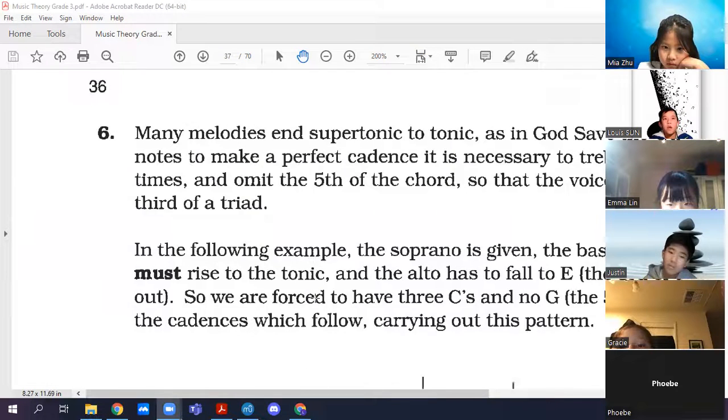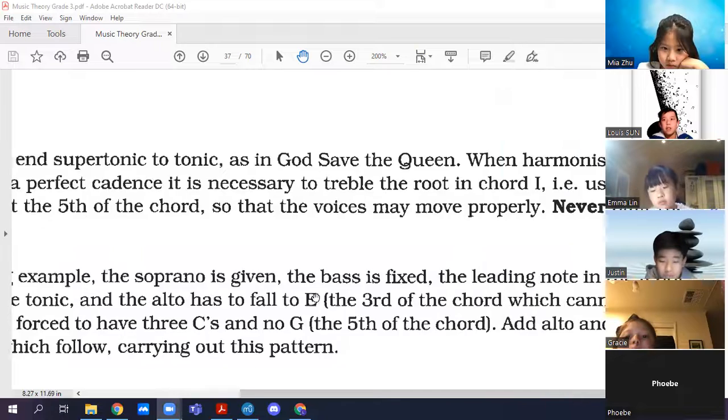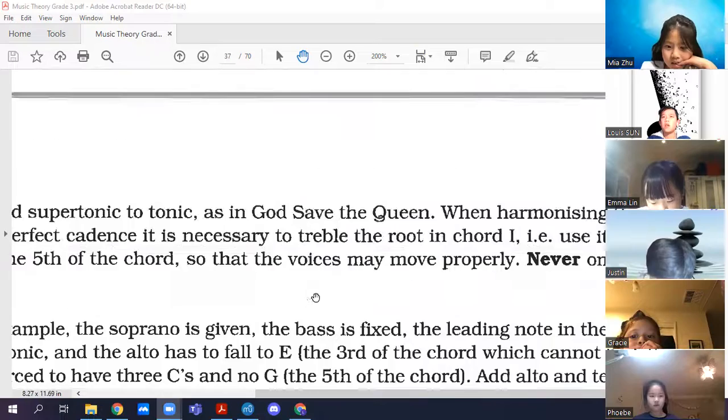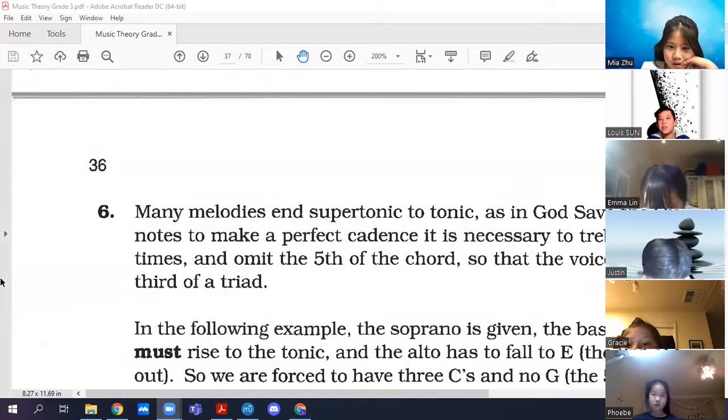This is on question 6 on page 36 in the textbook. So can you complete question 6, please? Go. This is question 6 in the textbook, page 36.